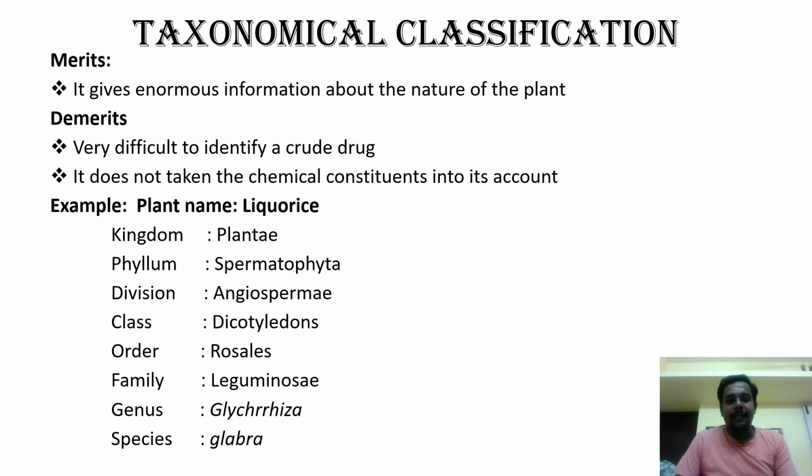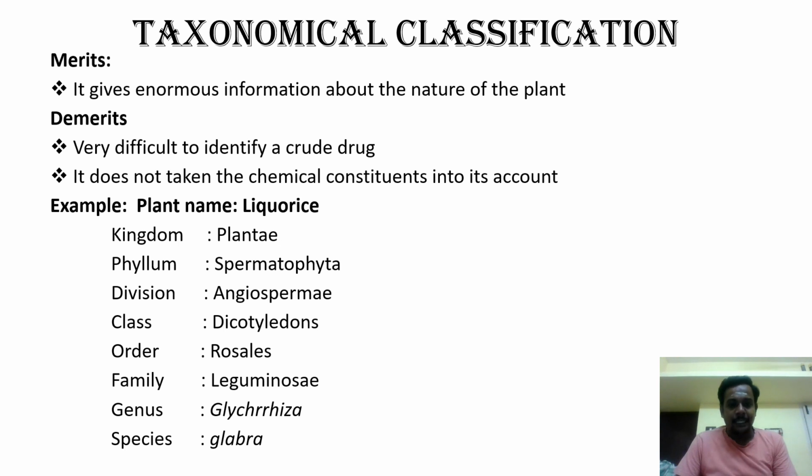Okay, so di means two. Cotyledon means, when a seed is germinating, some leaf-like structure comes out. Some seeds bear one leaf structure and some may have two. That particular leaf structure is called a cotyledon.